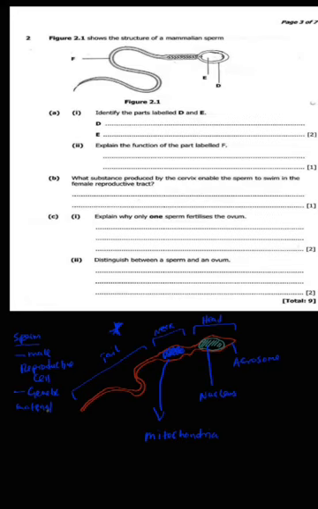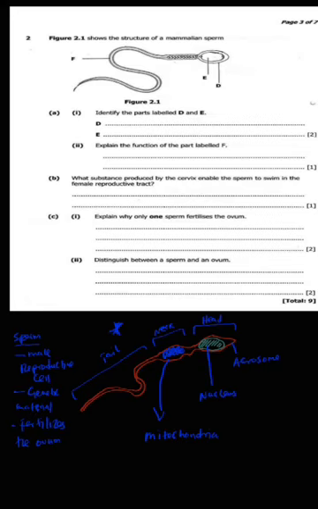The genetic material is carried by this cell, and it is responsible for fertilizing the ovum, the female reproductive cell. So its job is to carry this genetic material, then transfer and exchange the genetic material with the ovum so that the baby can be formed.